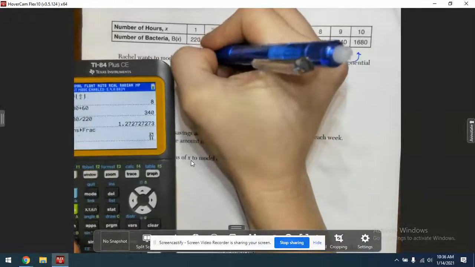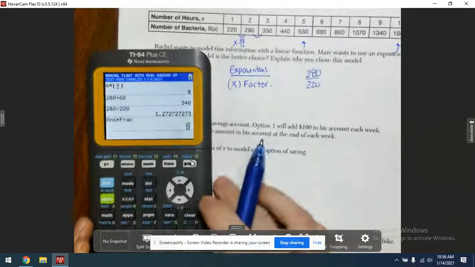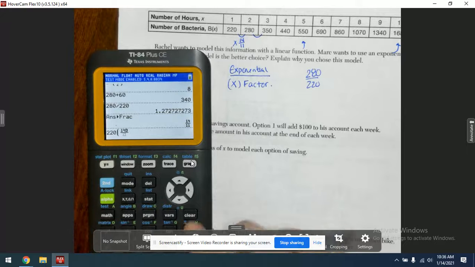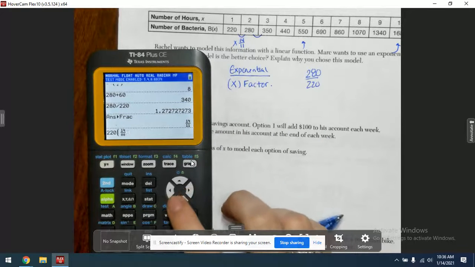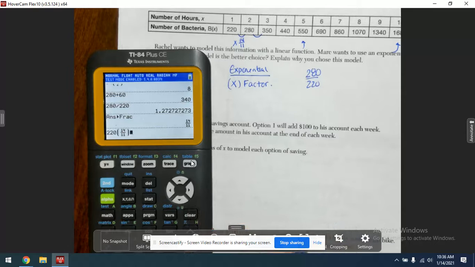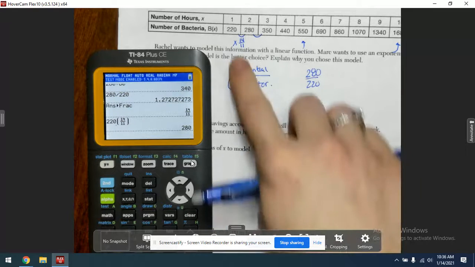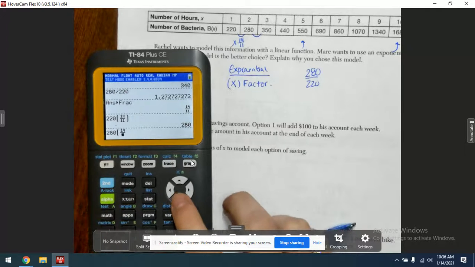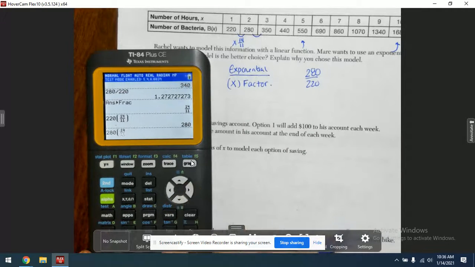Okay, so it makes sense to keep multiplying by 14/11ths. So ready? What's 220 times 14/11ths? I get 280, okay. What's 280 times 14/11ths? Not 350.